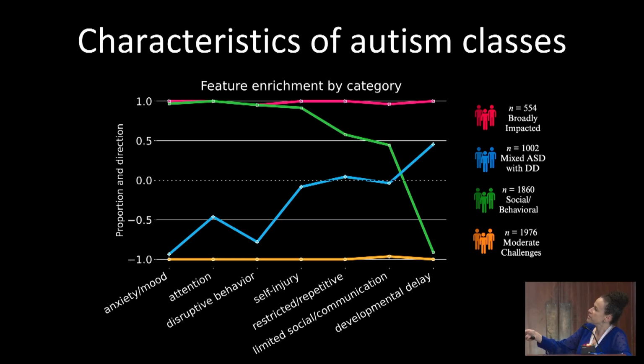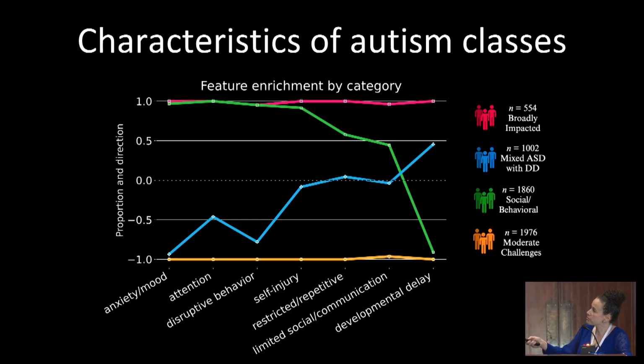So let's look at the green subclass. That's the social behavioral subclass, and this class is characterized by pretty much no developmental delays. These children develop just like their unaffected siblings, but they actually do have significant social and behavioral issues, and they have significant challenges in the context of anxiety and repetitive behavior.